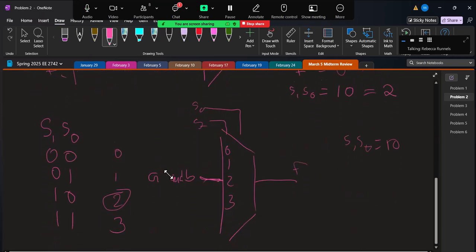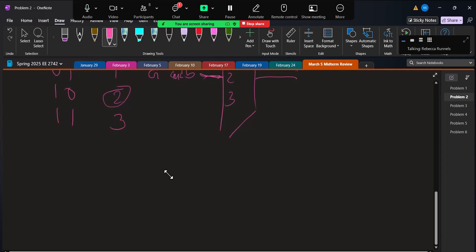Okay, so the question is, how would you do this in Verilog? You do it with a case statement.